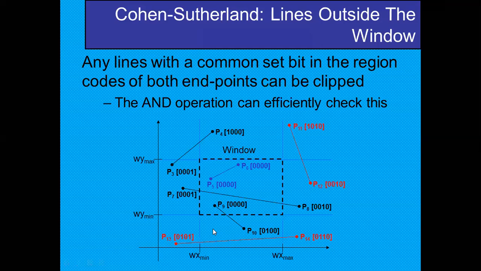Undetermined means you will take another decision for that, because here P10 has 1 bit, 0 1 0 0. So at least this has 1 bit that is 1; the code is not all zeros. Out of 4 bits, one bit has value 1.